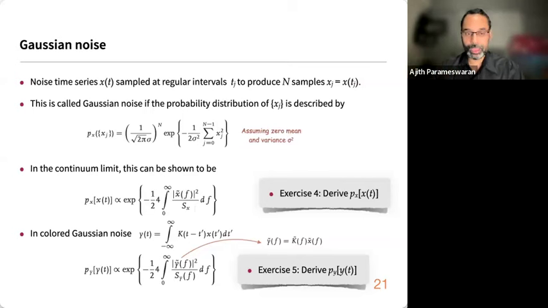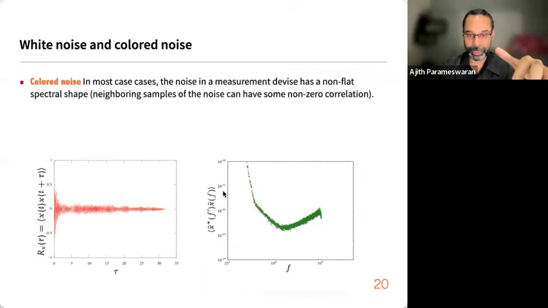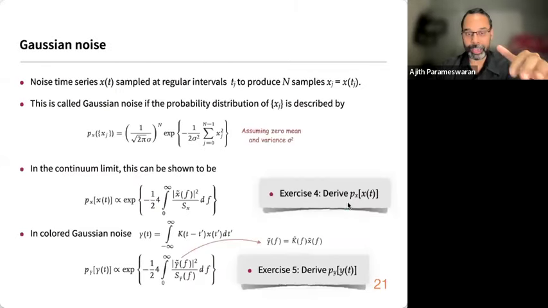Now, you can also show that even if the noise is not white, if it has a color, which is described by a frequency-dependent power spectral density S(f), you can divide the Fourier transform squared by the corresponding power spectral density and compute the probability distribution of a particular sequence of noise. So the same form would work for colored noise also.